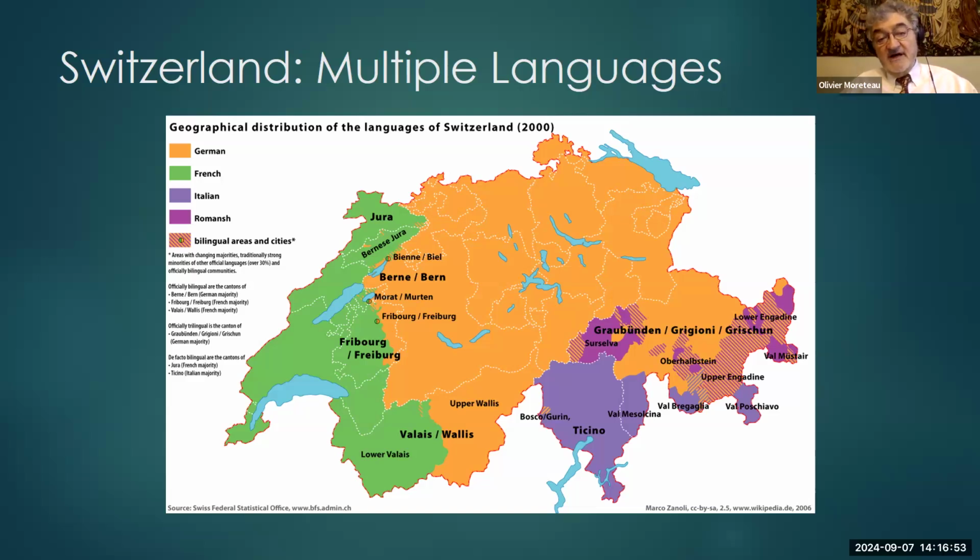The French cantons are on the western part of the country, and most of them share a border with France. And you also have an Italian canton, Ticino, and parts of other cantons where you have an Italian-speaking population. And last but not least, you have the Romansh, which is a particular language that is recognized as a national language of Switzerland.